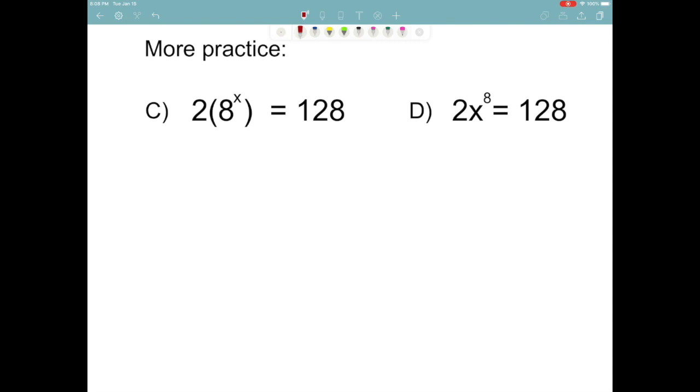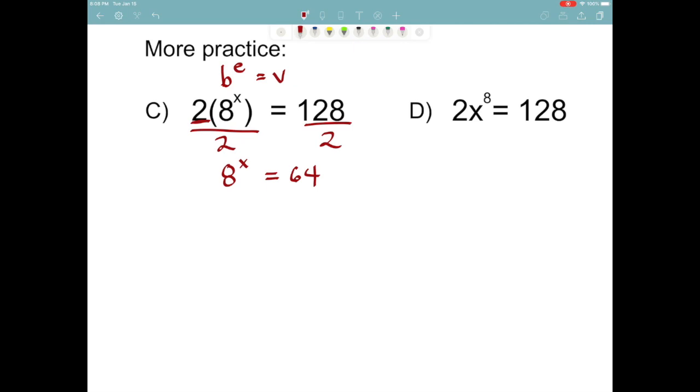Okay, now this one, when you look at C here, it's not completely in this form where we have a base raised to a power and exponent equals a value. We've got this extra 2 here. So to get rid of that 2, we're going to divide each side by 2. And we now have 8 to the power of x equals 64. Now you can go ahead and finish working that out if you want to apply the logs, or the power property of logs to it there.